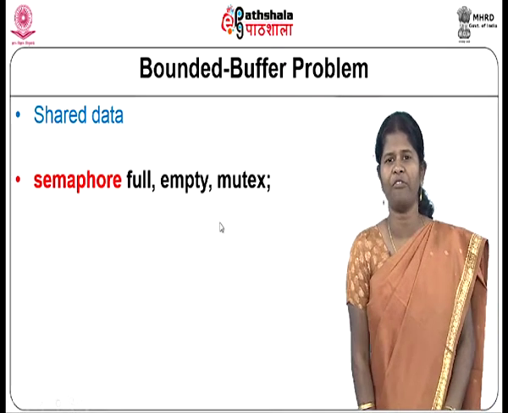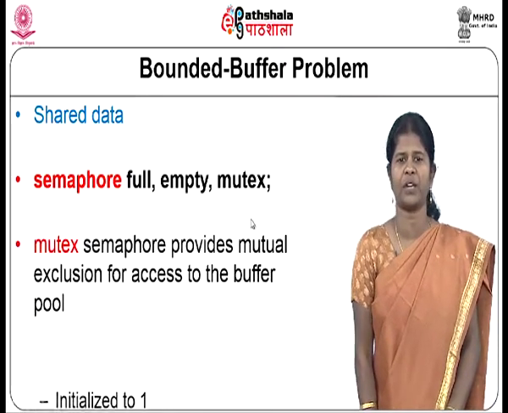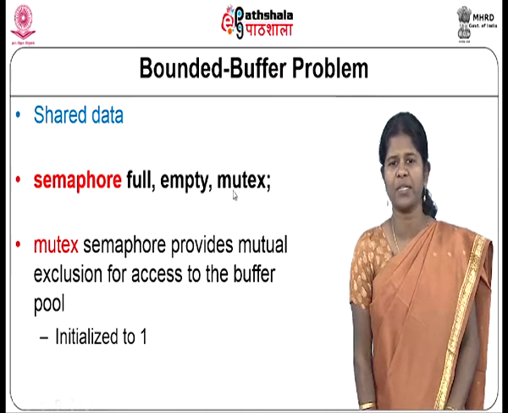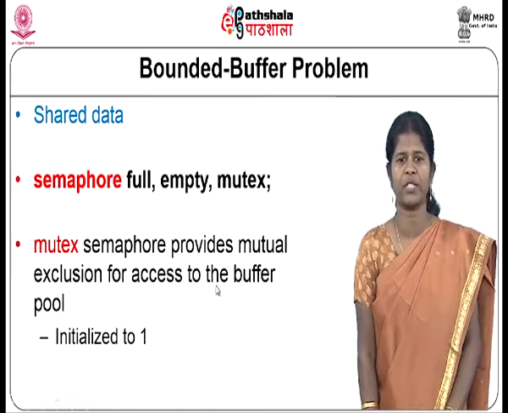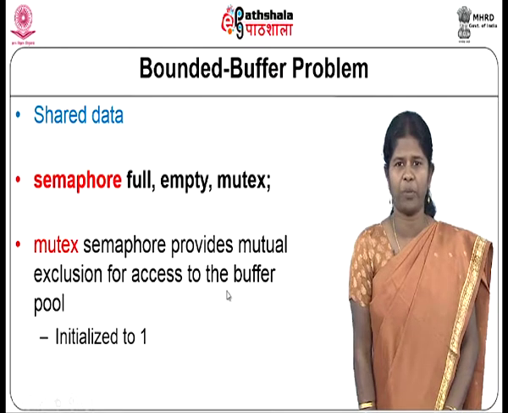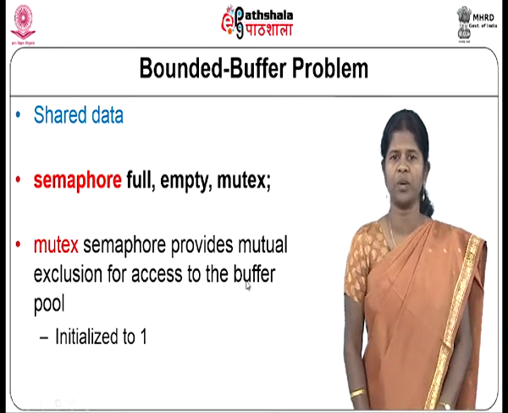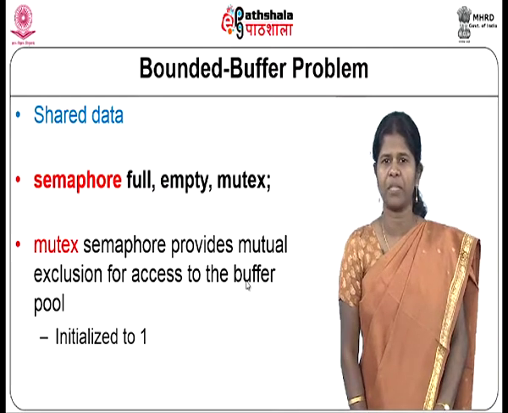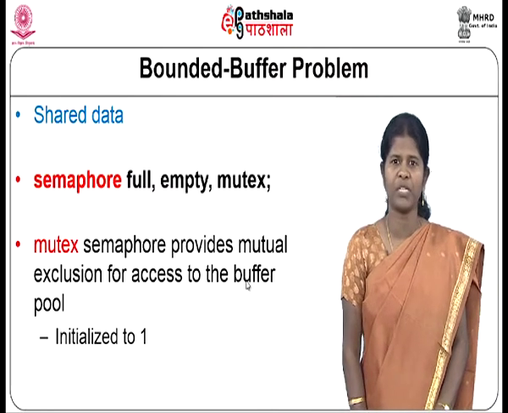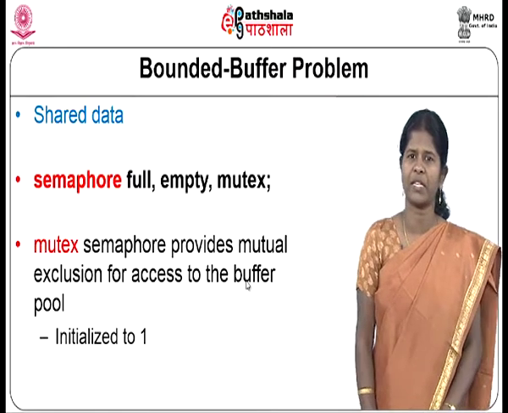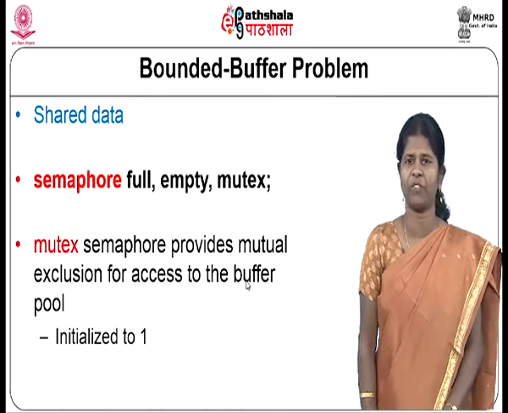So, here we have full, empty and mutex, 3 semaphores, and the mutex semaphore provides mutual exclusion for access to the buffer pool. Any process, be it the producer or the consumer, before accessing the buffer will have to wait on the semaphore mutex, and after accessing the buffer they can signal the semaphore mutex.